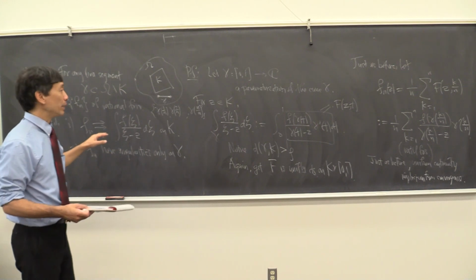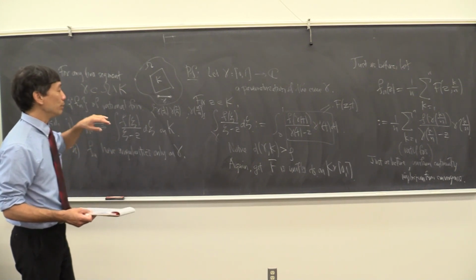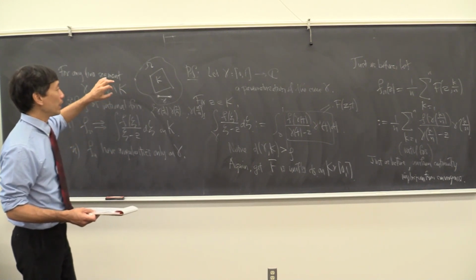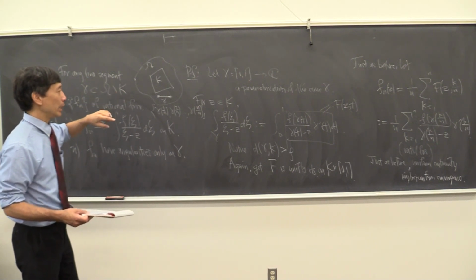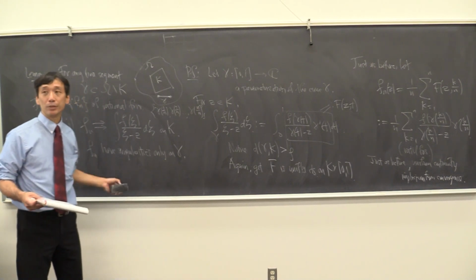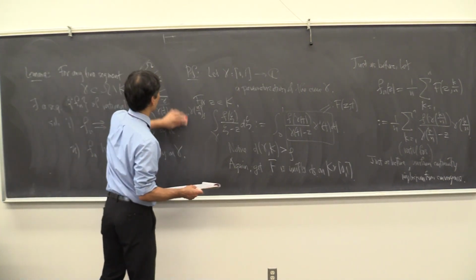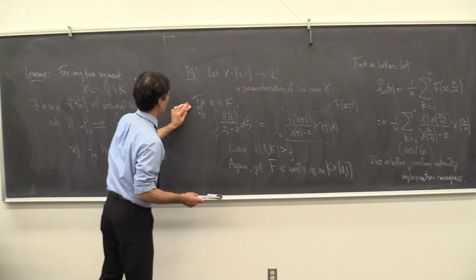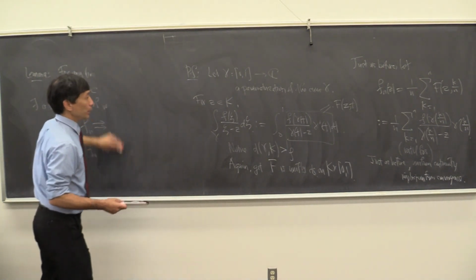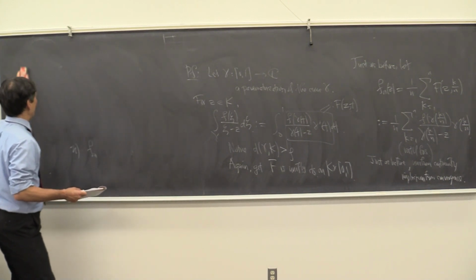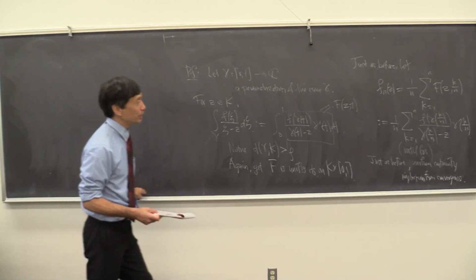The only thing we have left to do is to show part 2, that if K complement is connected, then we can actually approximate using polynomials rather than rational functions.